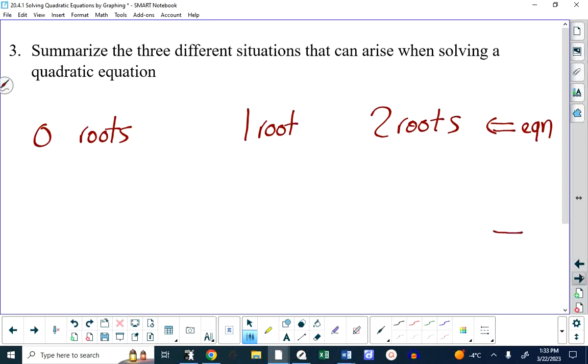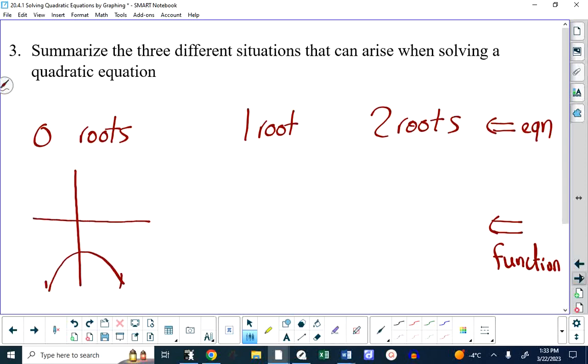So if there are no roots, what that means is the quadratic function that corresponds to the equation will look something like that, or it will look like the one you just did that opens up with its vertex above the x-axis.